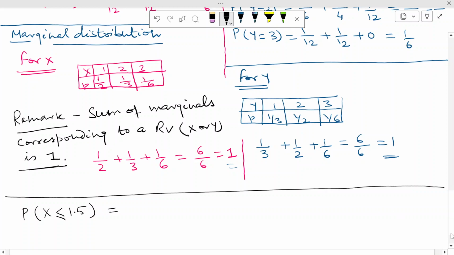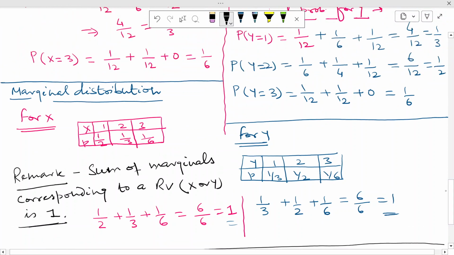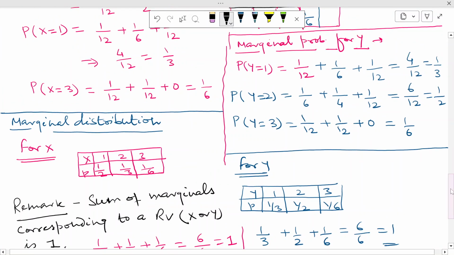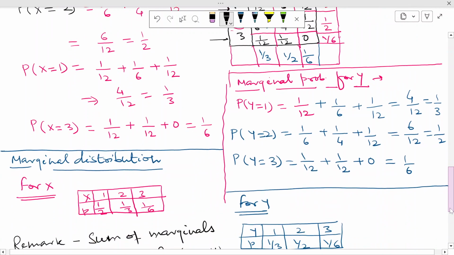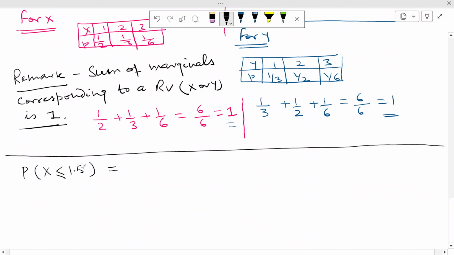How do we obtain these probabilities? We move towards the original table, and here you can see that we have three values of x, which are 1, 2 and 3, and we have to select only those values which satisfy this condition.